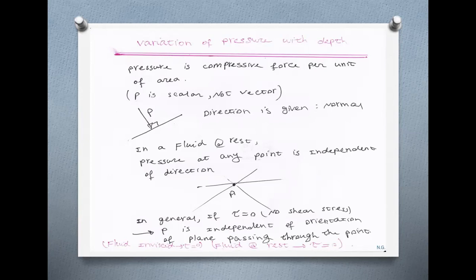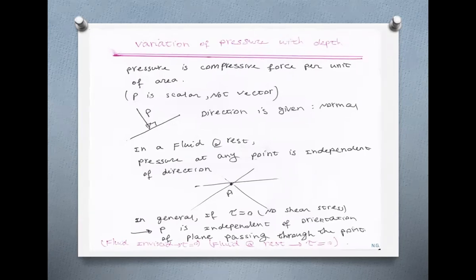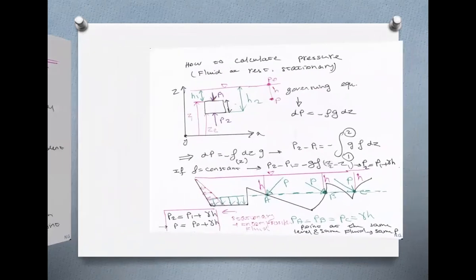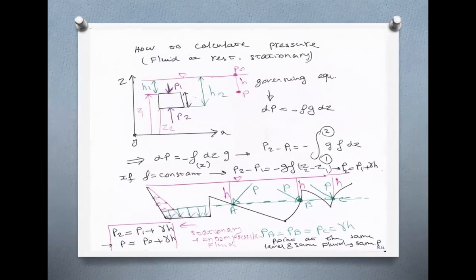Another case where shear stress is 0 is when the viscosity of the fluid is negligible. Now that we know pressure in a stationary fluid, like water in a pool or in a tank, is independent of direction.